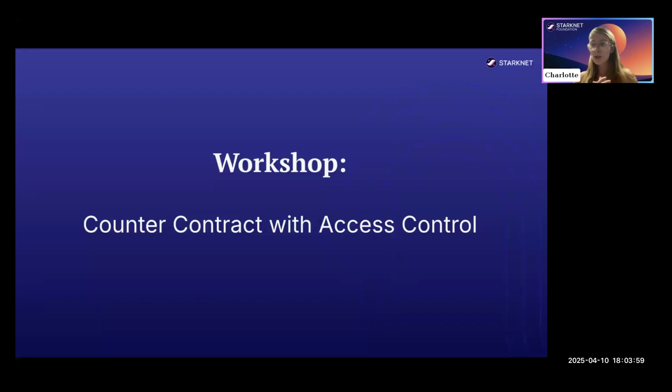What we are going to do today is I'm going to demonstrate how to make a smart contract in Cairo. We will make a counter example, a very basic smart contract where you have a counter that you can increment, and the value of the counter will be stored on chain, and you will have to make transactions to increase the counter or reset the counter.